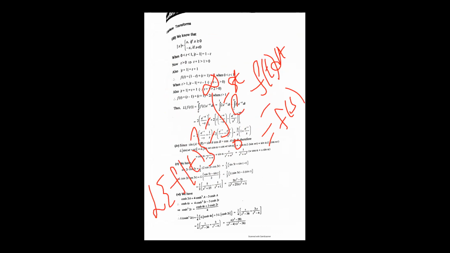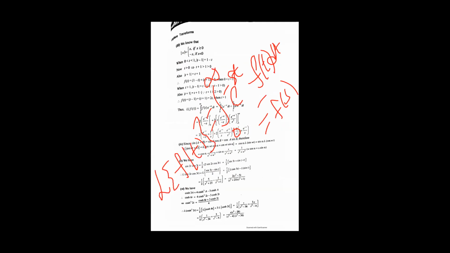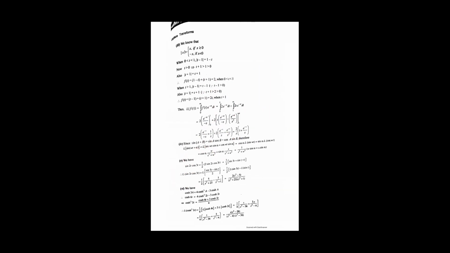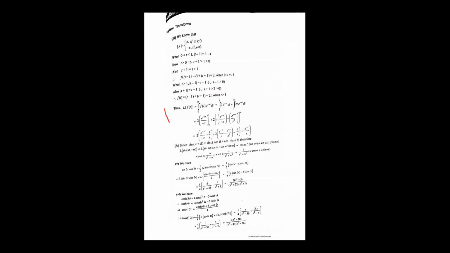Okay. Next, in this Laplace transform, I explained 8 properties. The property names are: first one, linearity property.